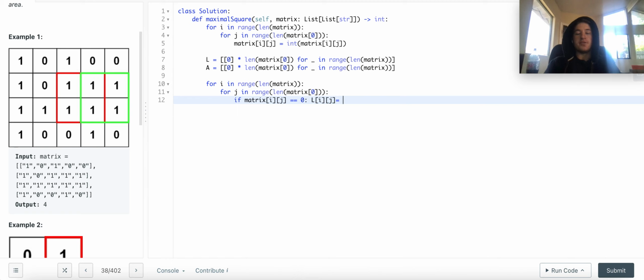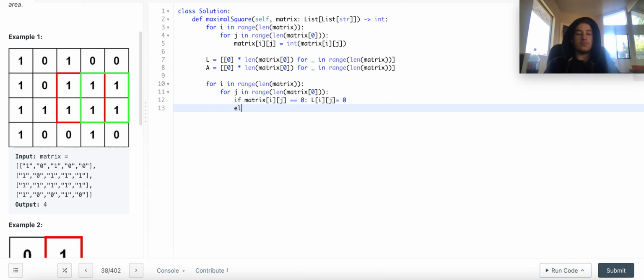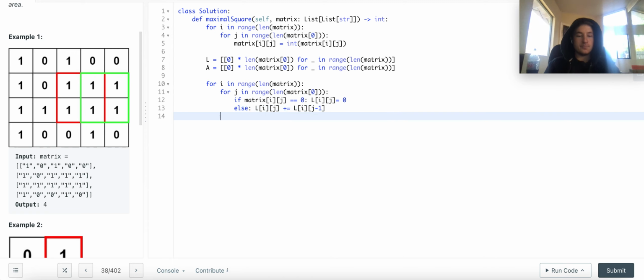Because if something equals 0, you can't even consider the things to the left of you. Otherwise, you say, well, left of ij will plus equal left of ij minus 1. Right? So the cell to my left, just add its running sum into my running sum, which will just plus 1 to whatever value I have.